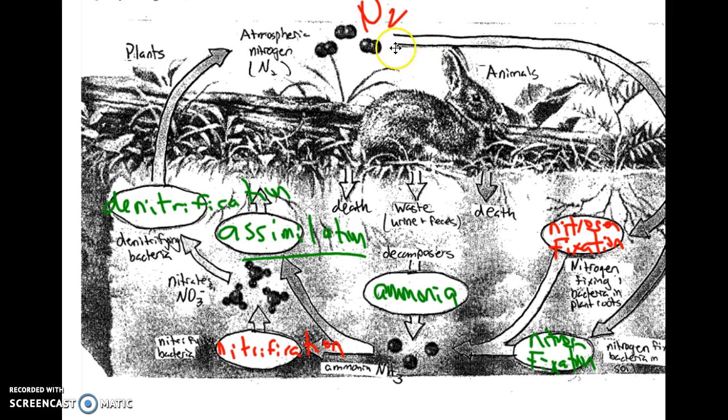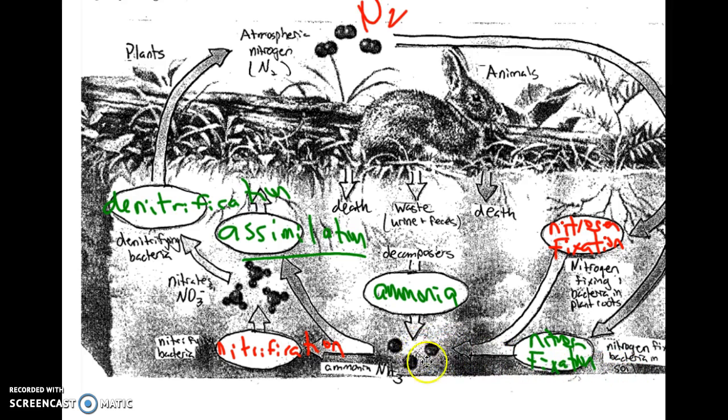The only way that nitrogen can get into the living world is through nitrogen fixation, where certain types of bacteria that live on the roots of legumes can take nitrogen from the air and convert it into other forms of nitrogen. That's called nitrogen fixation.